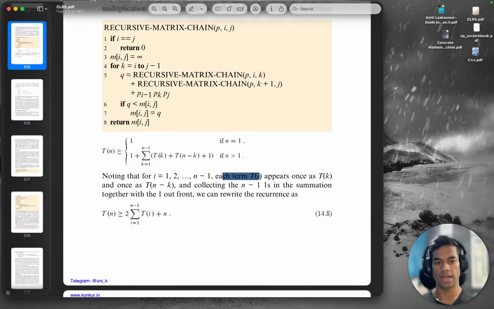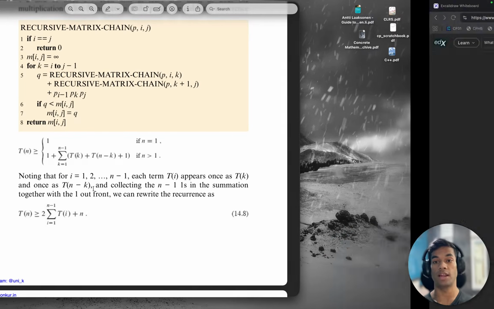Each term Ti appears once as Tk and once as T n minus k. Yes, that makes sense.